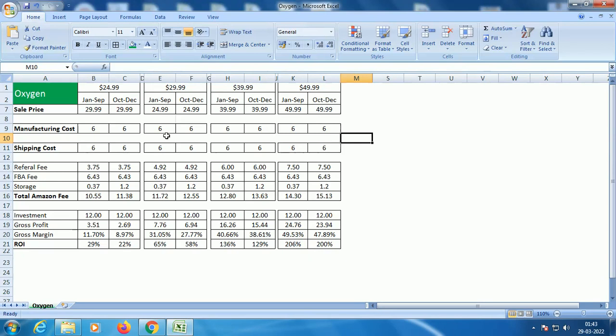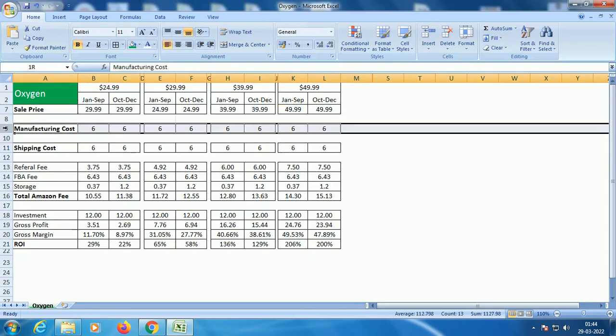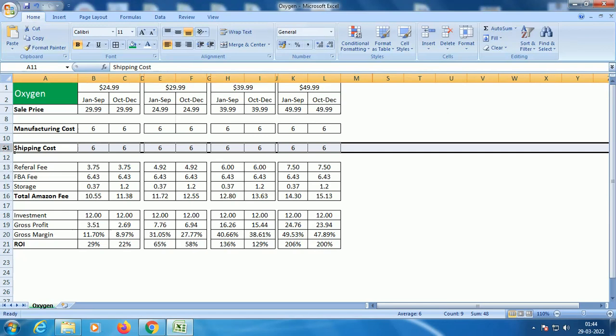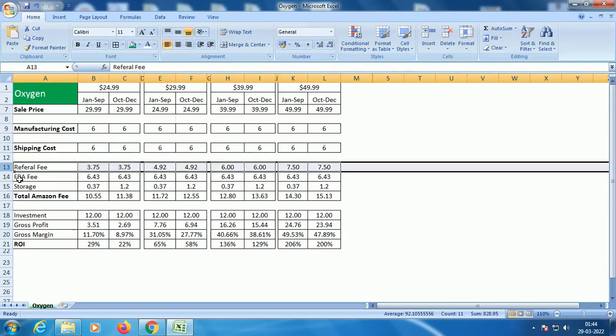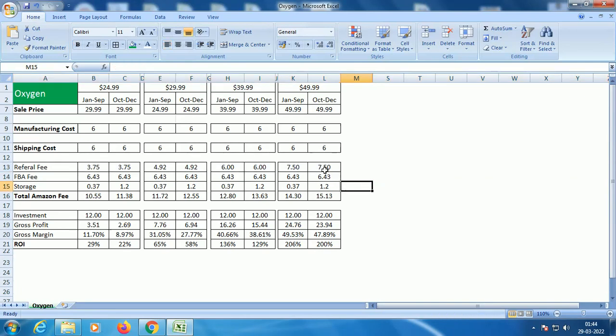Now, there are various aspects in terms of costing. One, you need to know what is your sale price, and you should know what is your manufacturing cost. You also need to estimate your shipping cost, which may not be precise if you have not yet ordered your samples, but still you can get a referral figure. And then your referral fee, your FBA fee, your storage fee, these data you get precise numbers from Amazon itself.